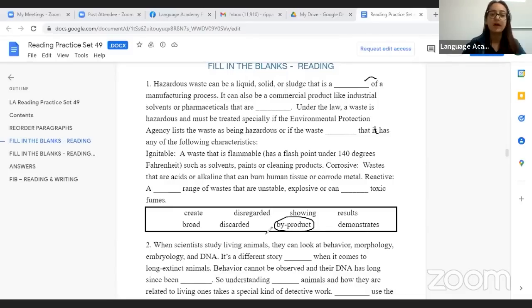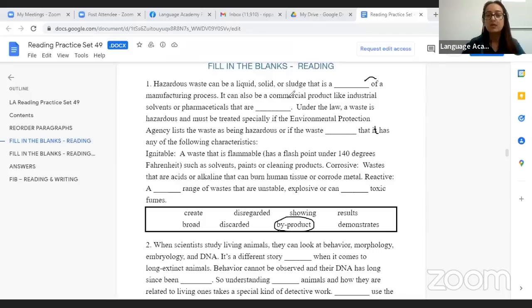So you could have selected byproduct. A byproduct is the extra product that is made. When we are going through a manufacturing process, we are manufacturing something, and waste is always generated. We are never manufacturing waste intentionally, but it comes out of the process. So that is an unintentional, secondary product, which is called a byproduct of a manufacturing process.